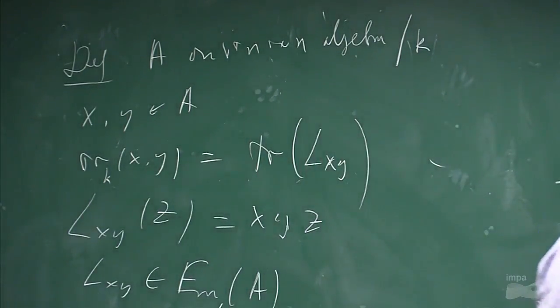You have a finite dimensional endomorphism of a finite dimensional space, so it has a trace. This is the definition of the trace.